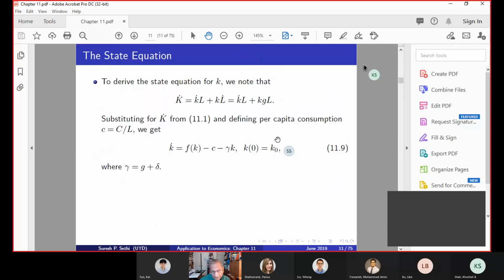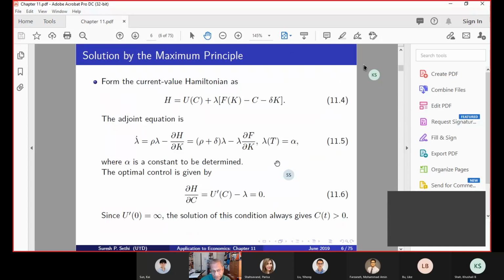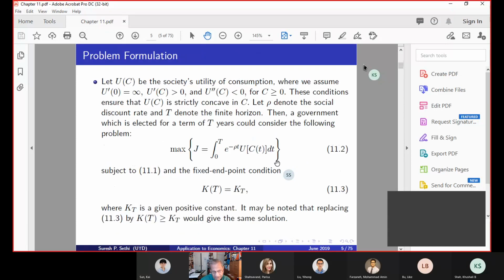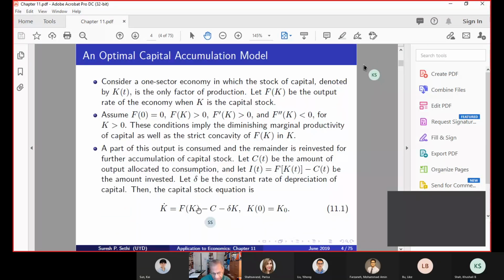And I can find this equation. You can now see what's going on. This equation is almost the same as our original equation, K dot equals F of K minus C minus delta K.